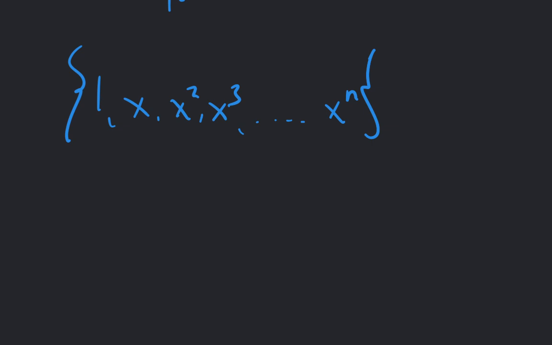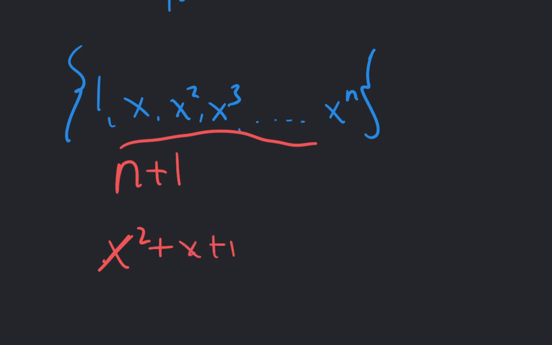This dimension is n plus 1, because this is the basis. And if you have a quadratic polynomial, x squared plus x plus 1, that would be 3-dimensional.